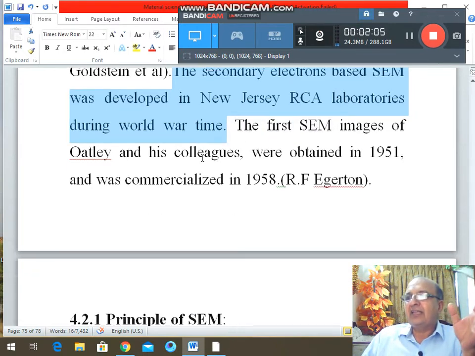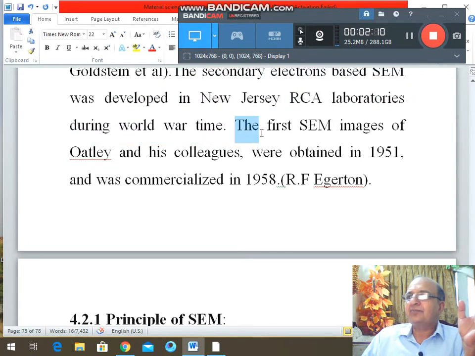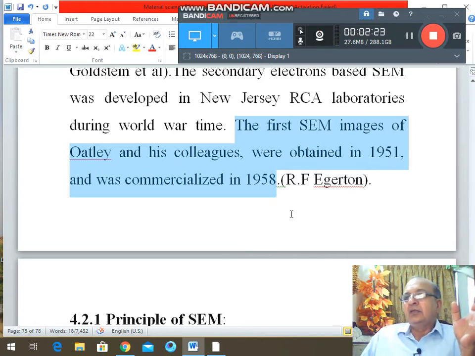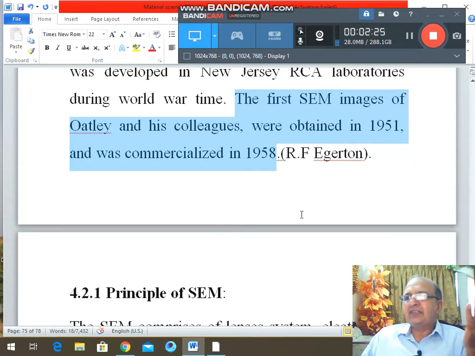The first SEM images, by Oatley and his colleagues, were obtained in 1951 and it was commercialized in 1958. So, that was a little bit of the story.